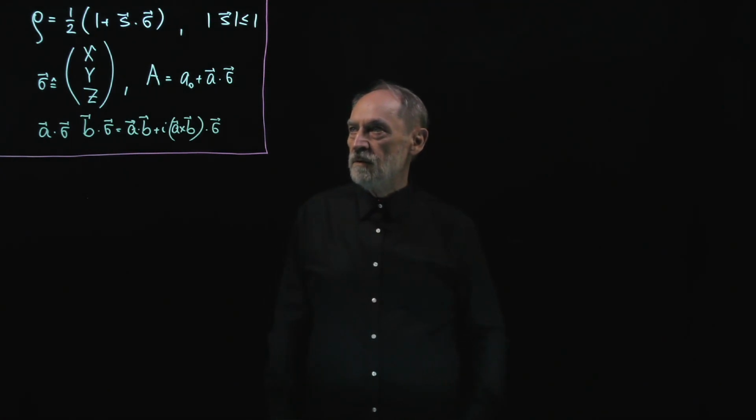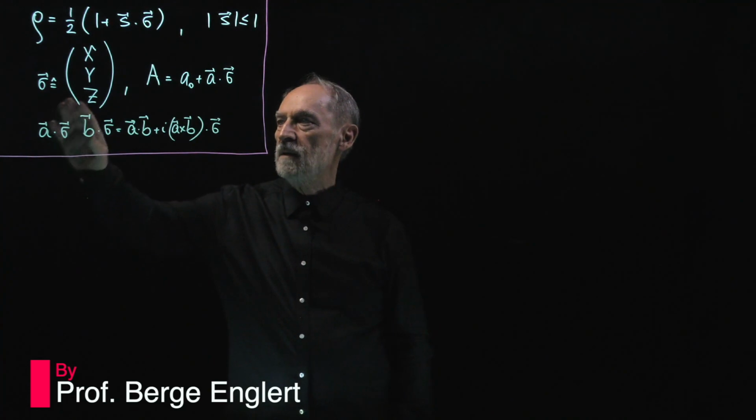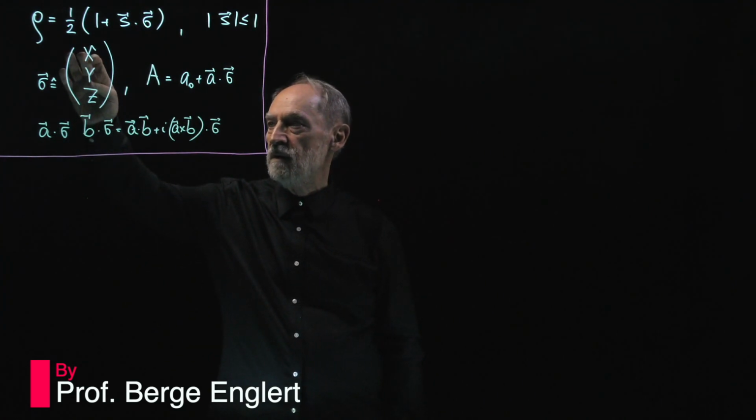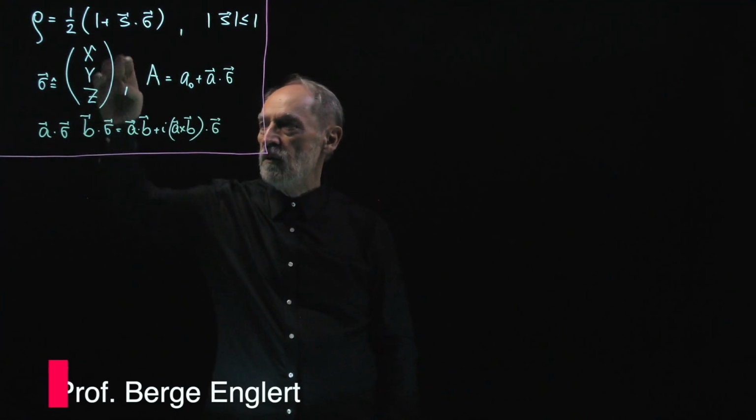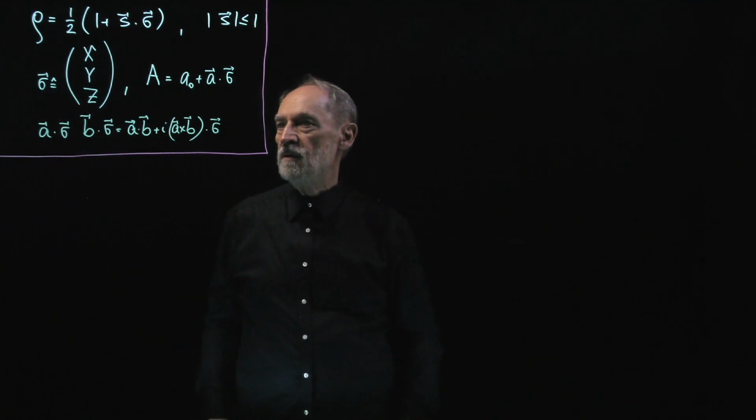So we are talking about qubits, and we have seen that the qubits are described by these Pauli operators x, y, and z. We combine them into a vector, which is a vector in three-dimensional space.